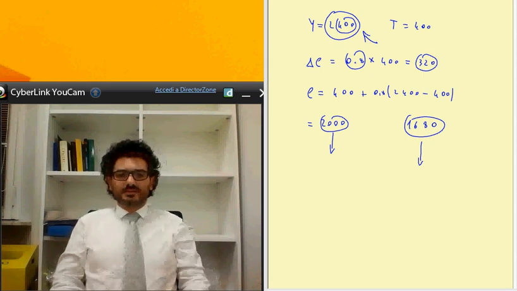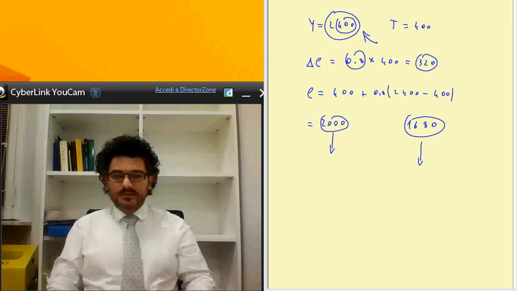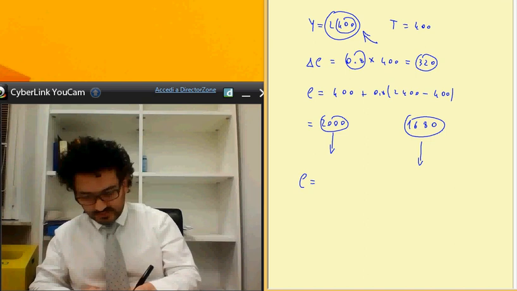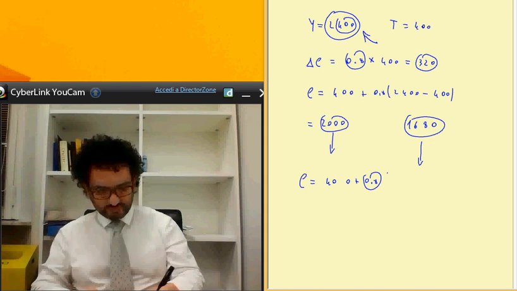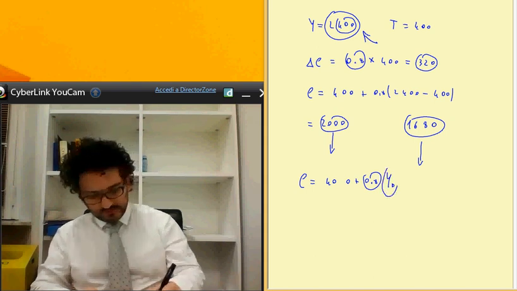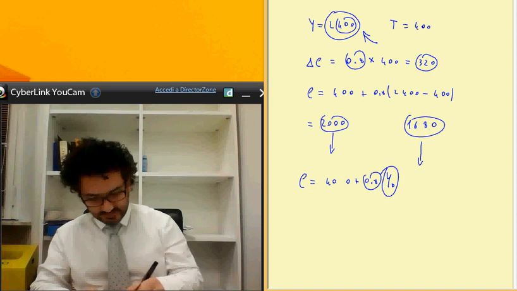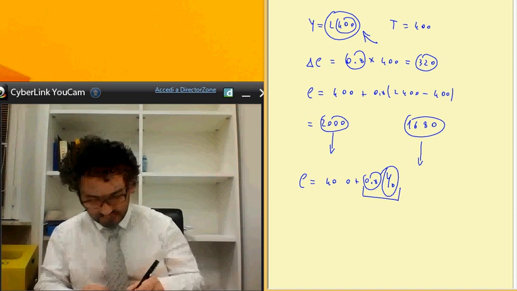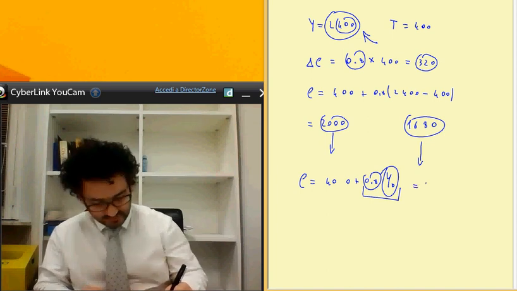Another interesting question is what should be the level of consumption if the disposable income is equal to 0. In this case, using our theoretical hypothesis that consumption is equal to 400 plus 0.8, which is the propensity to consume, which multiplies the disposable income, if this is equal to 0, this means that the part of consumption explained by the disposable income is equal to 0, and the consumption is equal to 400 plus 0.8, which multiplies 0, which is equal to 400.